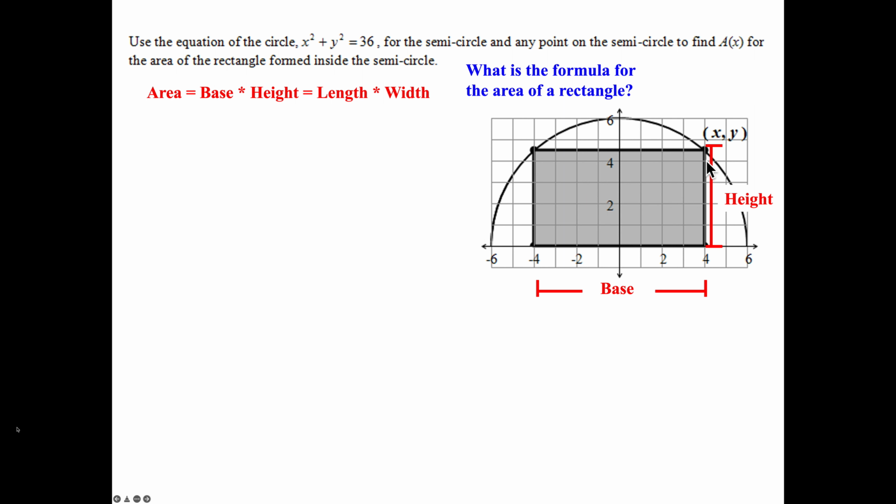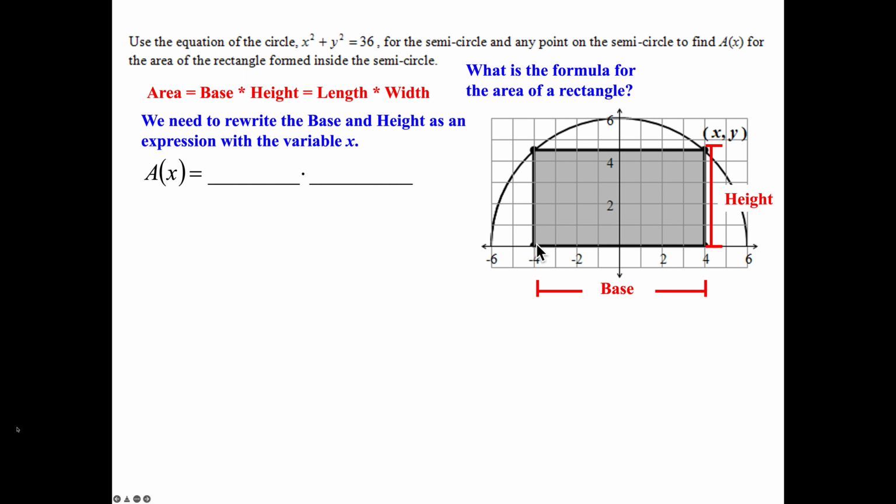Well, I can see that the height is going to be the y coordinate no matter which point I choose. And my base, since it's along the x-axis, it's going to have to be x's. So I have an x distance here, and I have another x distance over here, which is the same. So these two distances are the same.